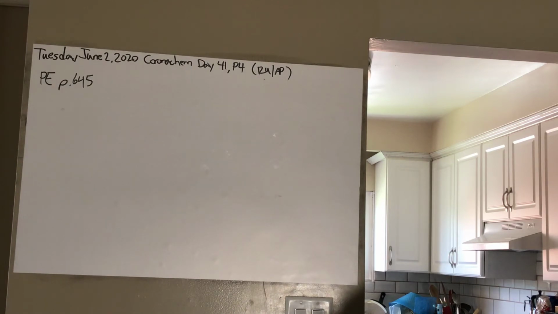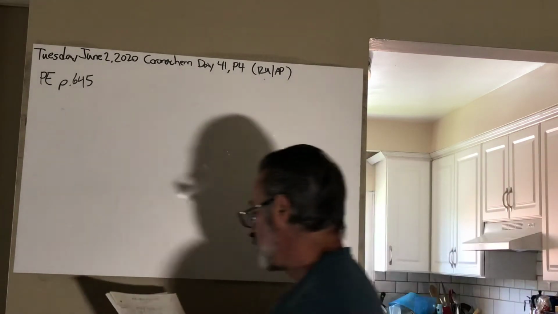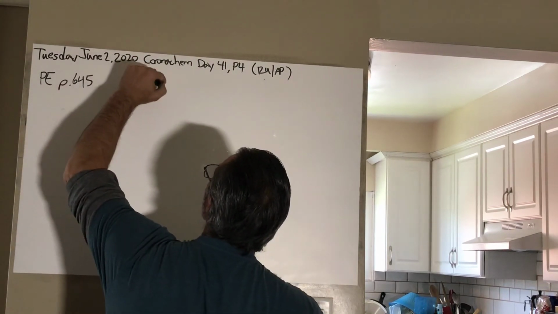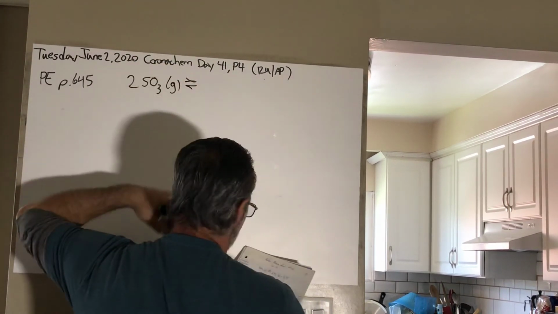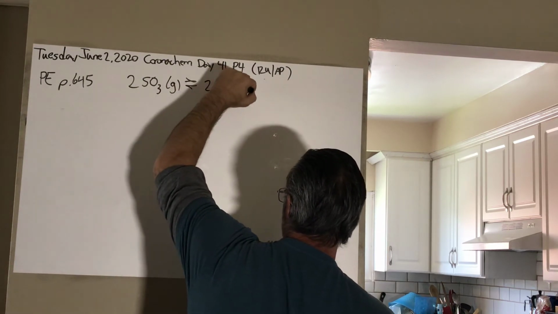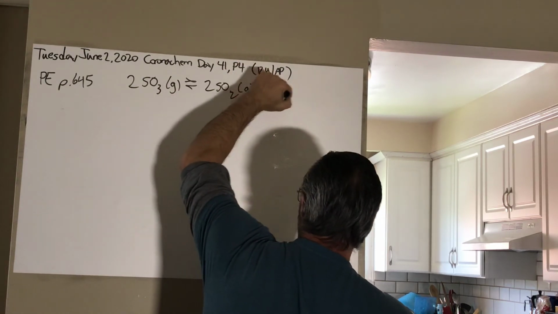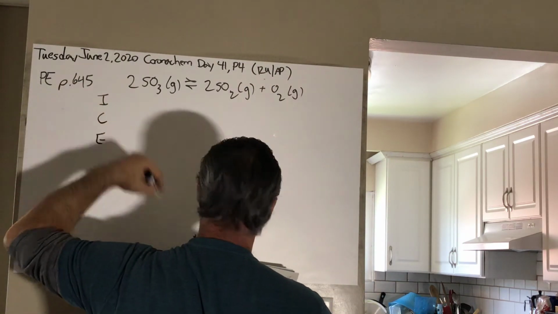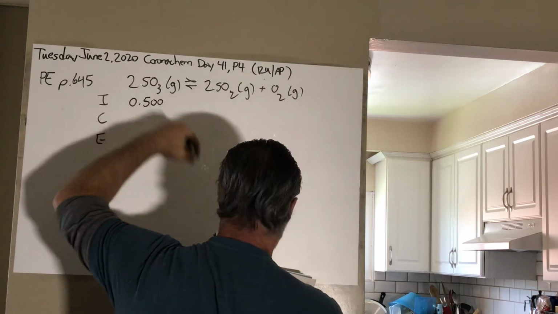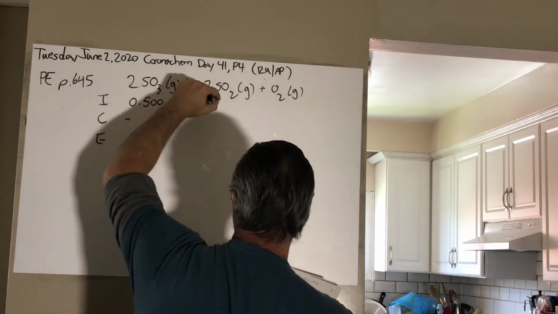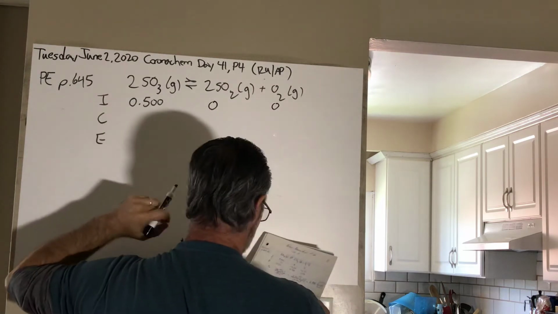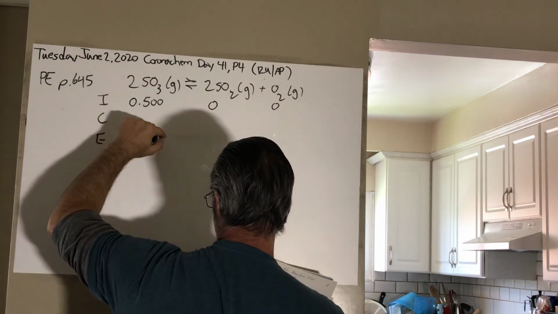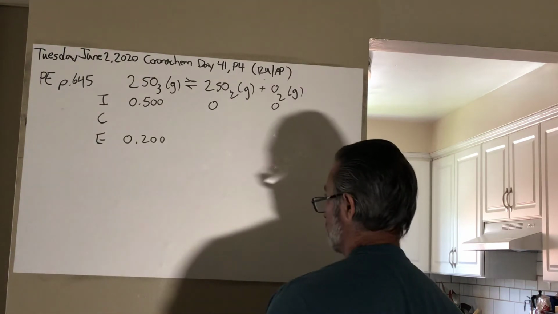At equilibrium, the sulfur trioxide partial pressure is 0.2 atmospheres. Calculate the value of Kp at 1000 Kelvin. So here's the equation: 2SO3 gas forms sulfur dioxide gas plus oxygen gas, and you've got 0.5 and then 0 initially, and then at equilibrium they say that you have 0.2. So that gives you plenty of information.